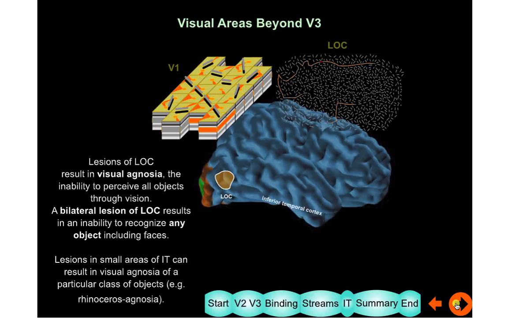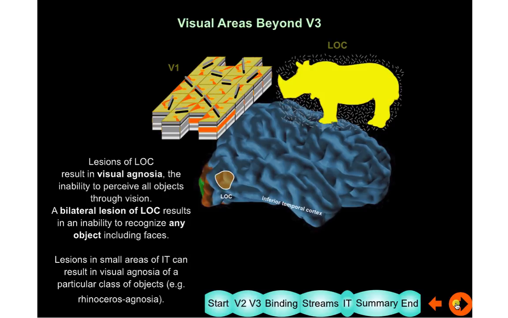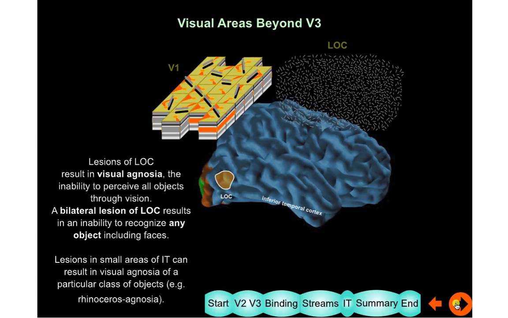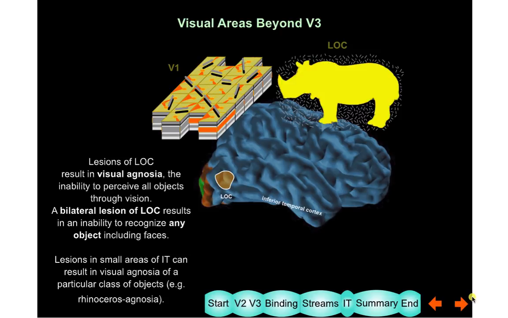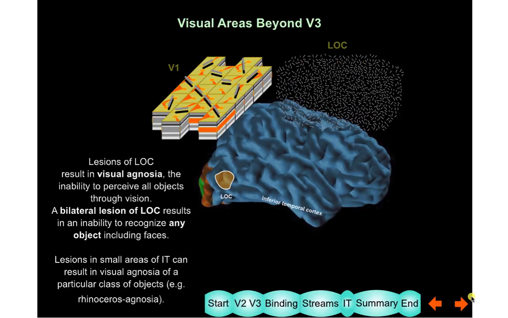If you don't have LOC, you can't recognize objects, any object. The face, like your can of Coke, your mouse. You can tell that this object here, you can't tell it's a mouse, but that it looks metallic and it looks white, but you can't tell what it is. And that's called visual agnosia.